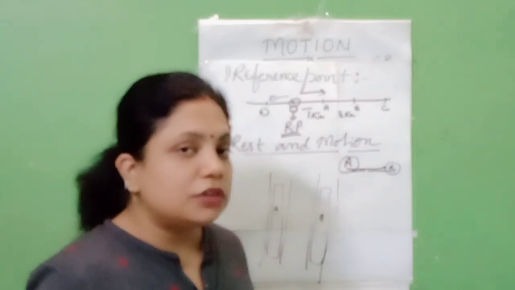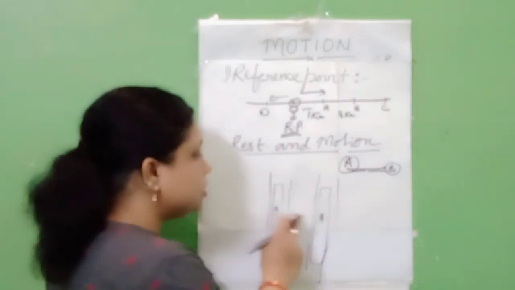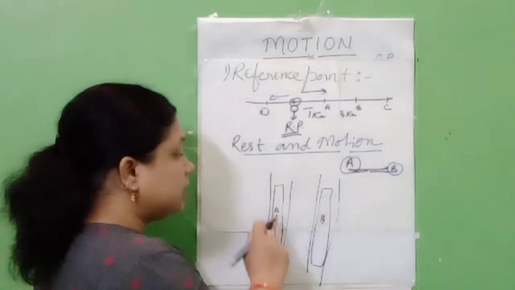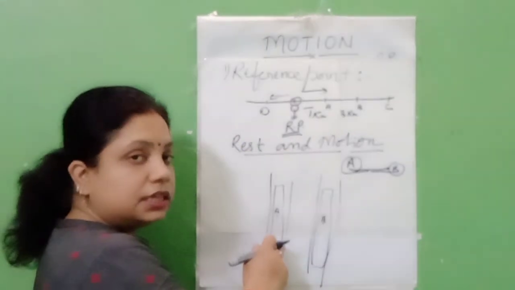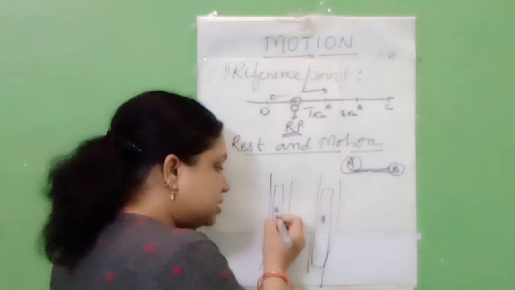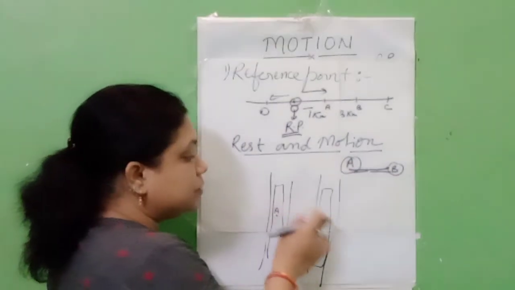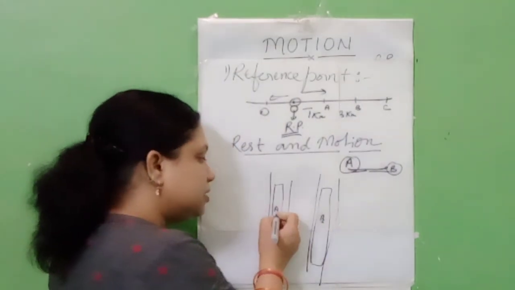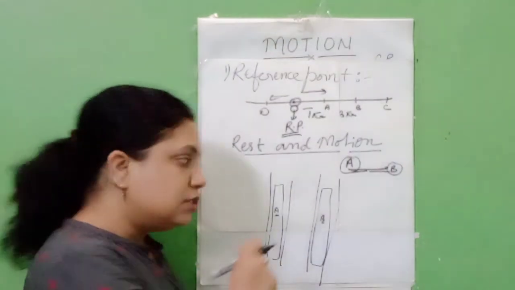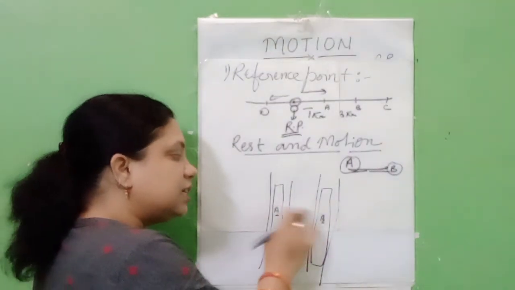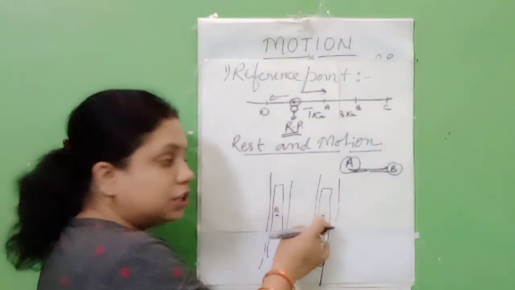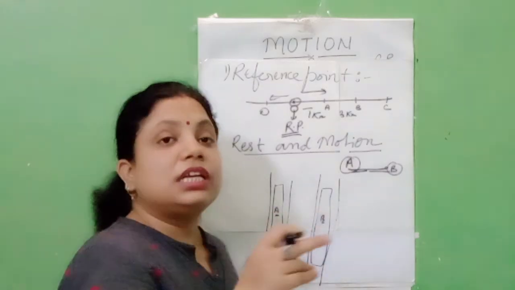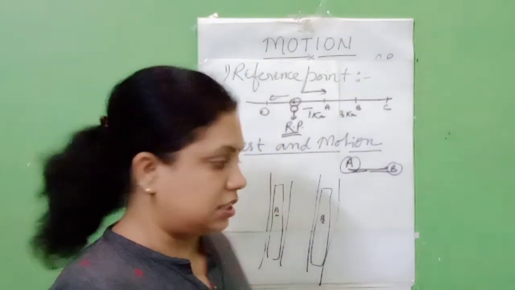After some time, we observe there is no change in the position of the persons in the trains. Right? It means A is at rest with respect to B and B is at rest with respect to A. So they are both at rest relative to each other because they have covered similar distances but have not changed their position.